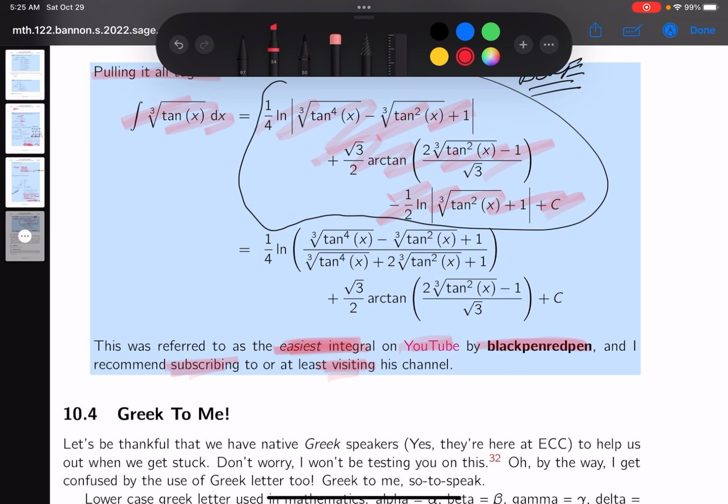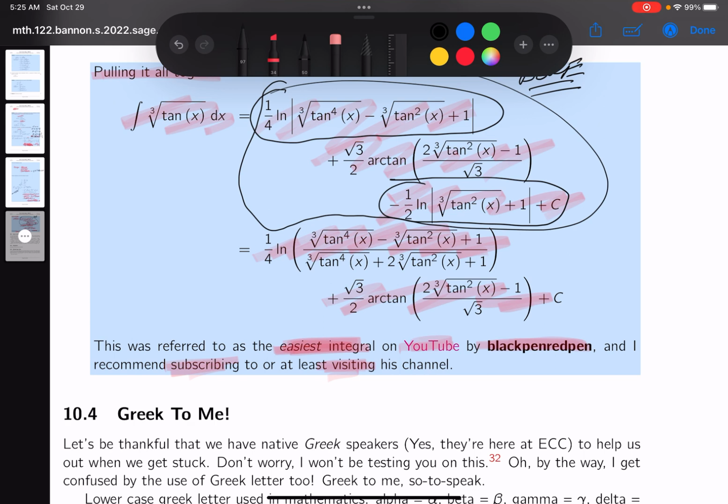So someone's looking at this thing over here and wondering how I got this over here. What I did was I pulled the two logs together. All right, let me just outline that for you right over here. This log and this log over here. I'm sorry, I didn't mean to circle a C, by the way. But I want to point out, in order to do that, I've got to write them with the same denominator. So the first one, the natural log of this thing over here, I'll just put a question mark over there, but I got to get this in terms of quarters.